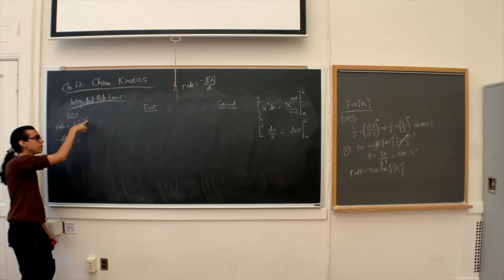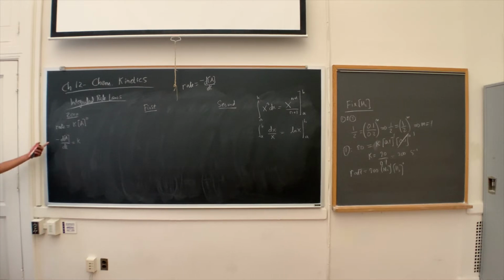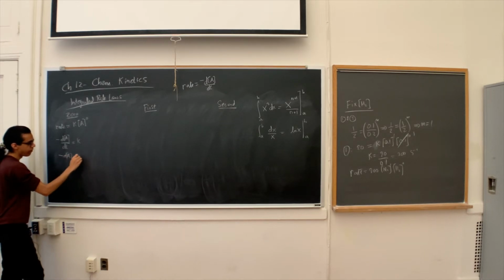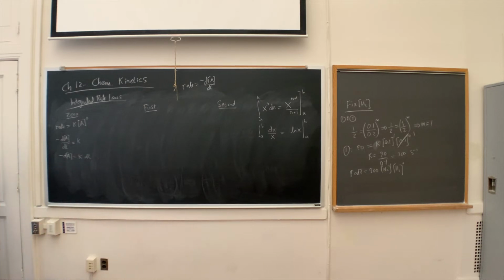What's A to the 0? 1, so that's gone. It's just K. And now this is a common trick that you've seen in calculus, perhaps. You treat this derivative as a fraction and move the dt over. K dt. So far, so good?